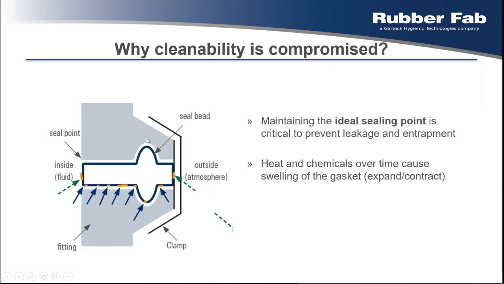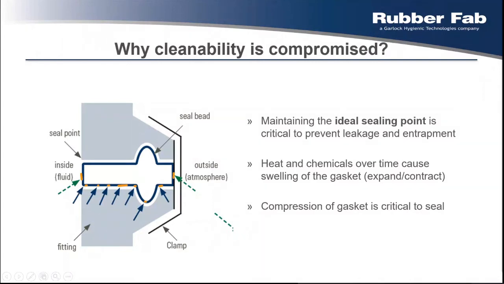Another challenge for those connections is the exposure to cycles, both thermal cycles and chemical cycles. They will cause the gasket material to expand and to contract again and again, depending on the process parameters. And this constant heat and chemical exposure can cause this ideal sealing point to move.